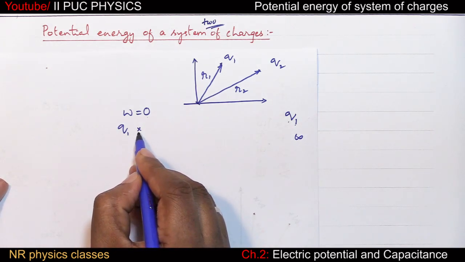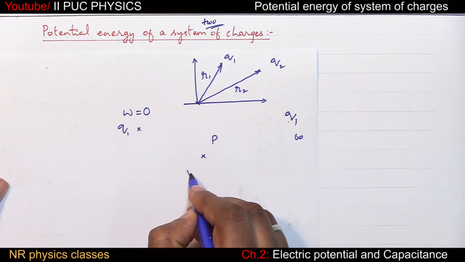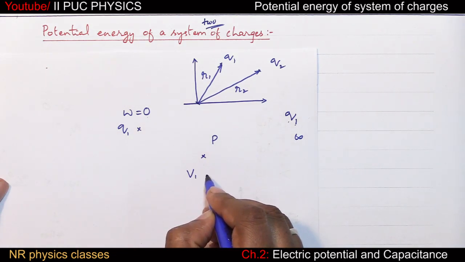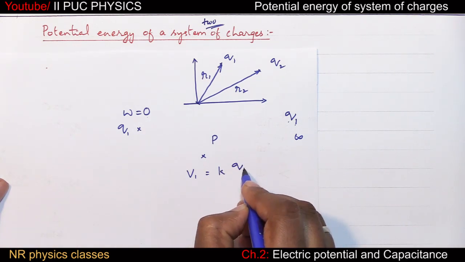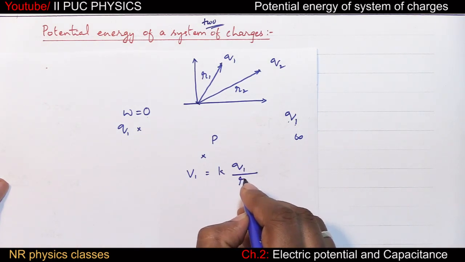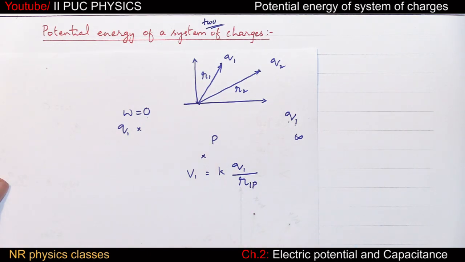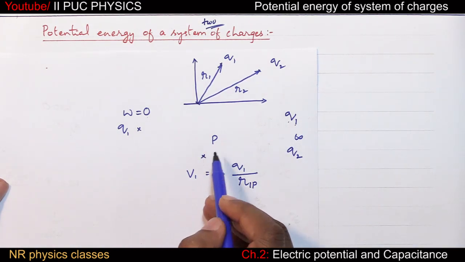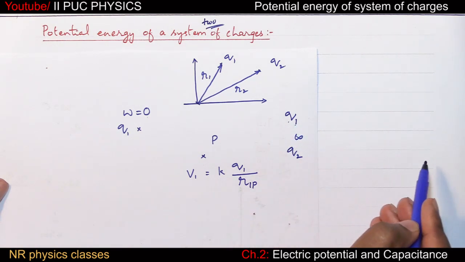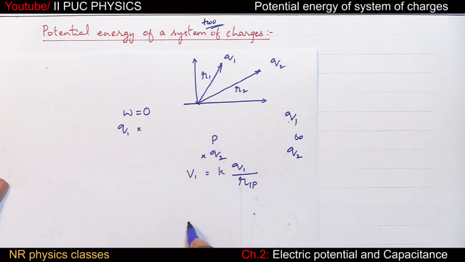So because of this charge, the potential at point P is a constant times charge Q1 by the distance of P from the first charge. Now Q2 is brought from infinity to P. So we are bringing Q2 from infinity to P. So let us keep Q2.